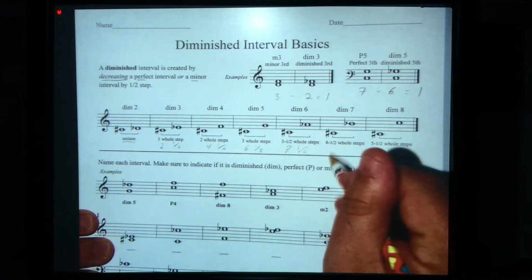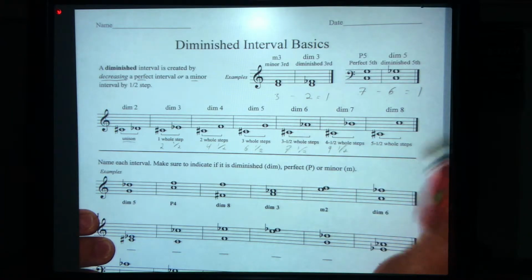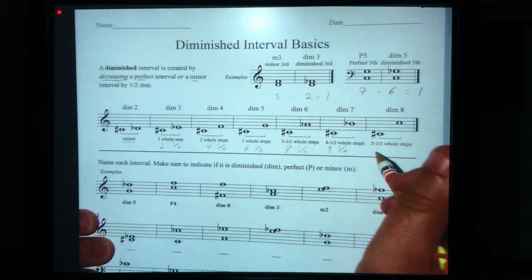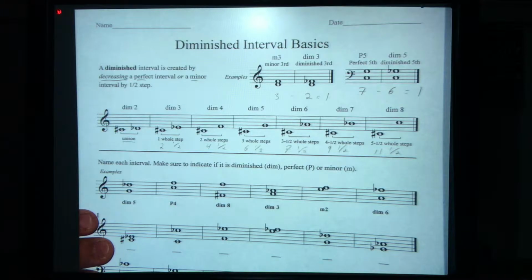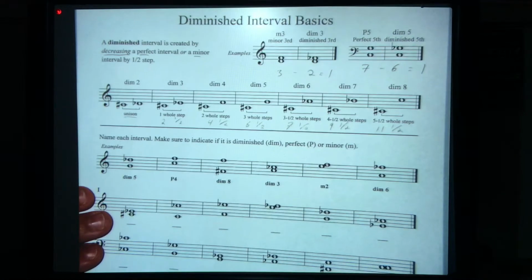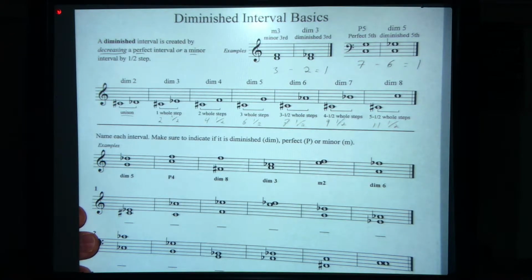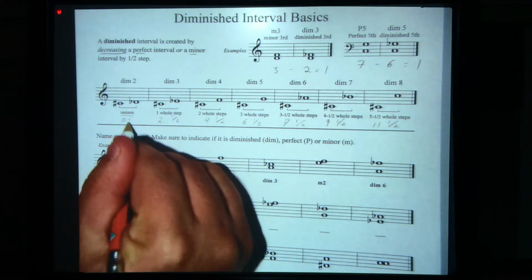Diminished seventh is 4½ whole steps, or 9 half steps. And finally, a diminished eighth is 5½ whole steps, or 11 half steps. Okay, so we're going to be using that key in a similar way to the key that we used for our minor interval basics. Let's go through a few examples. And a diminished second is obviously 0 half steps because it's a unison.